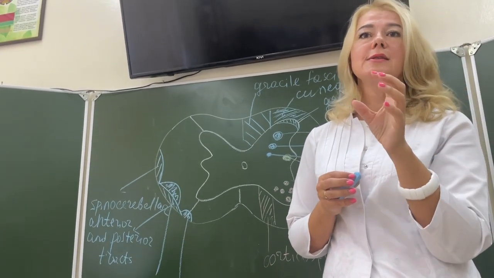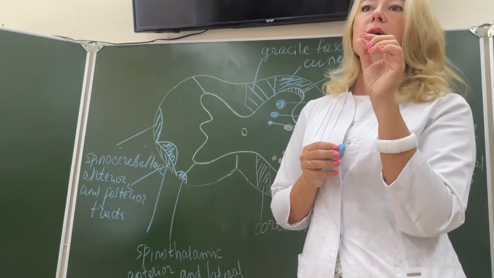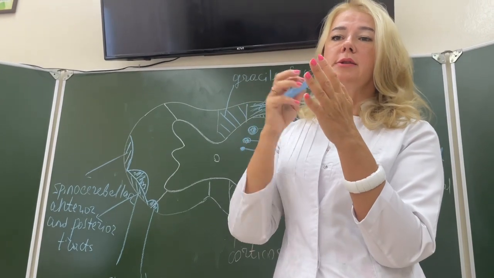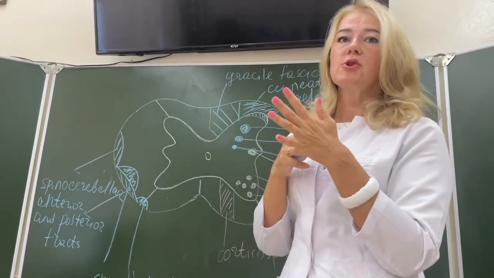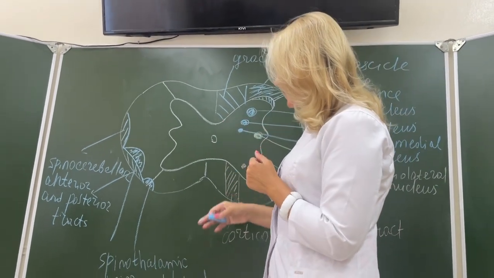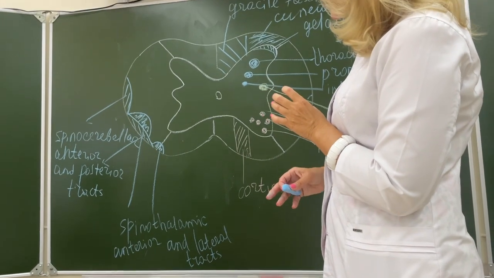Yes, it's reflexes, reflectory. Or if it's a very sharp needle, you touch it and you take your hand away because it's very sharp. You don't think about it. You do it involuntarily. These tracts are responsible for pain, temperature, and touch.